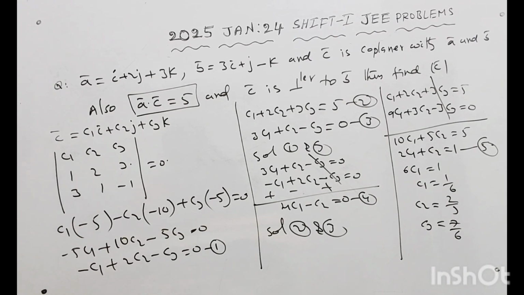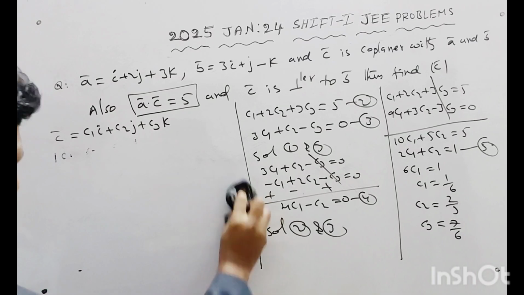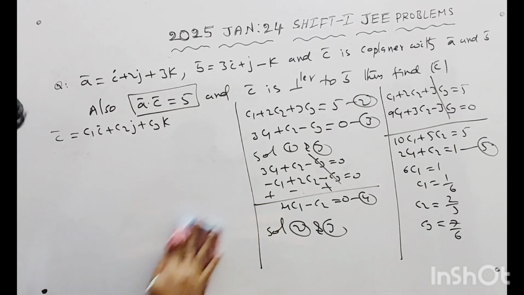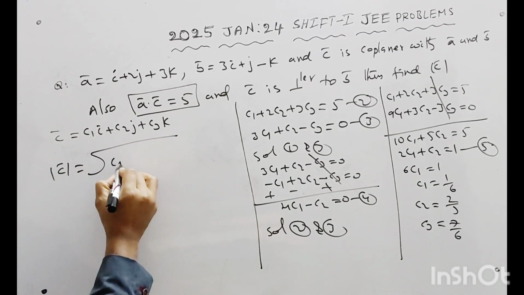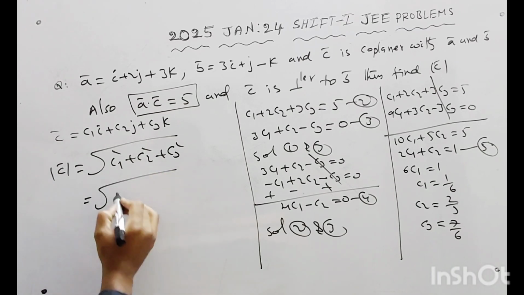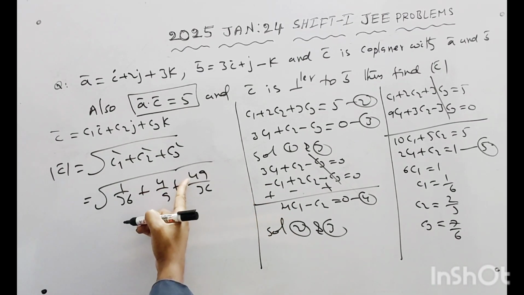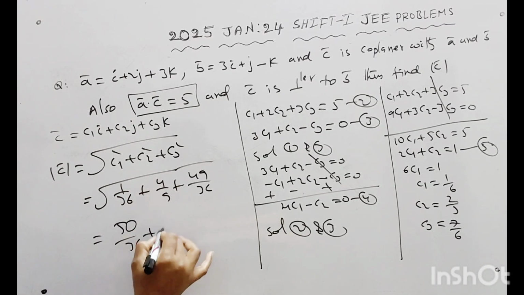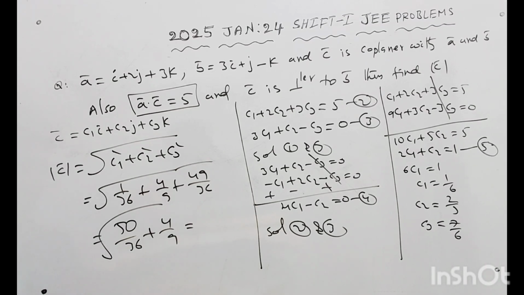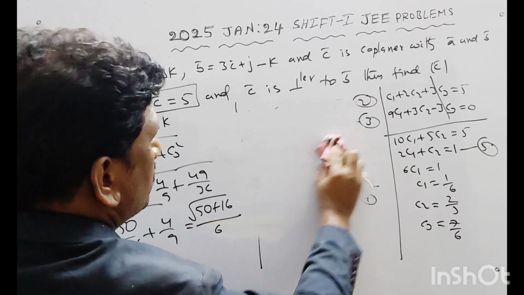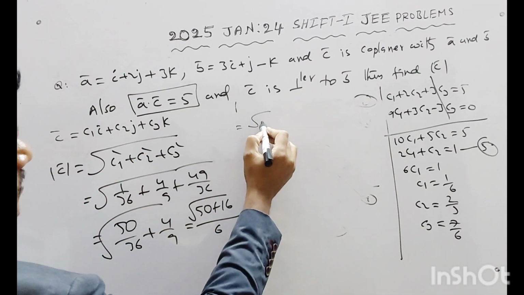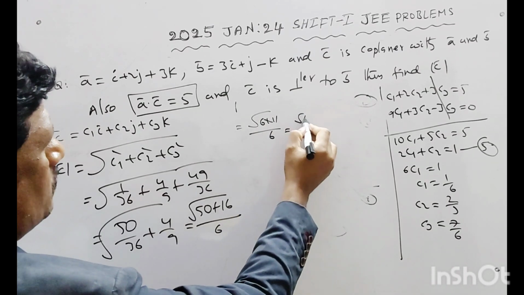We know how to find the length of a vector. The length of the vector C bar is the square root of C1 square plus C2 square plus C3 square, that is 1 by 36 plus 4 by 9 plus 49 by 36 under the root. 49 plus 1 is 50, so 50 by 36 plus 4 by 9, which gives root of 50 plus 16 by 6. 50 plus 16 is 66, so root 66 by 6, which is root 6 into root 11 by 6.